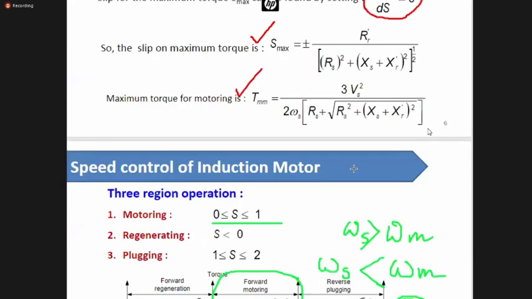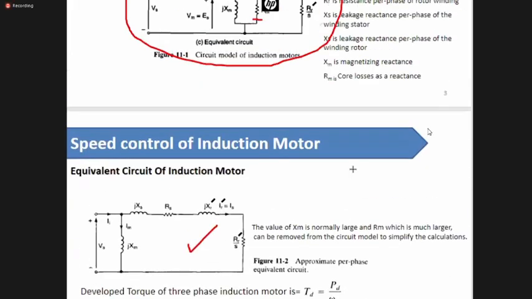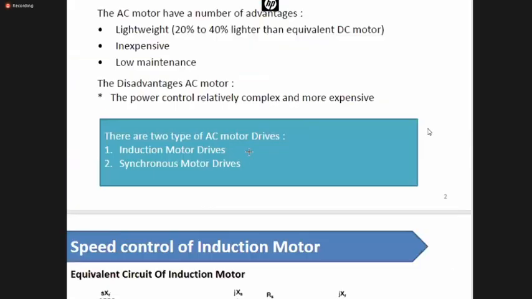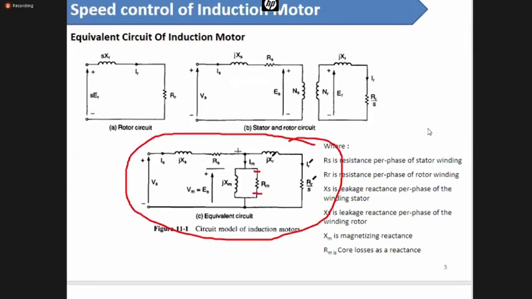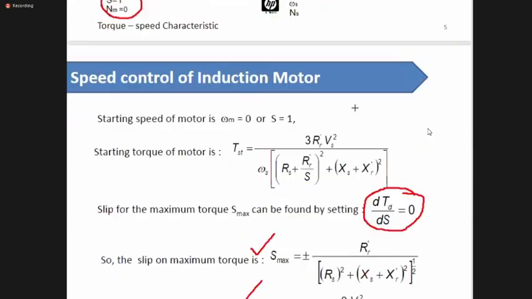And when the slip is negative, if you go through these equations here, say for example this equation, your developed torque is negative, and your power is negative as well. So this is an induction machine, supposed to be running as a motor, but when it is showing you a developed power with a negative polarity, that means this is no more a motor. This is a generator, and it is feeding power to the grid where it is connected.